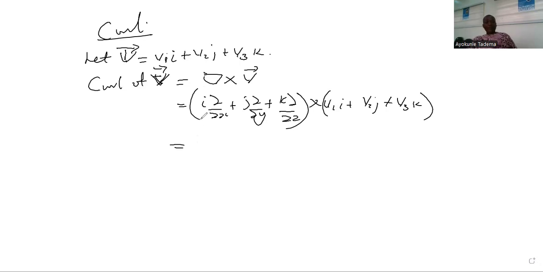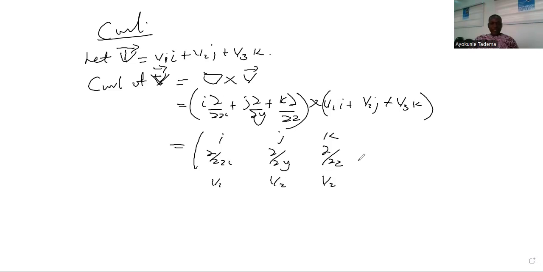And for you to simplify this, if you can remember, you have i, j, k, then ∂/∂x, ∂/∂y, ∂/∂z, and then v1, v2, v3.